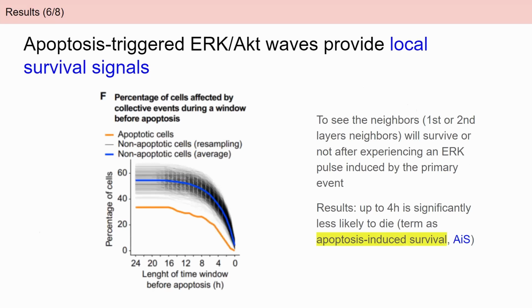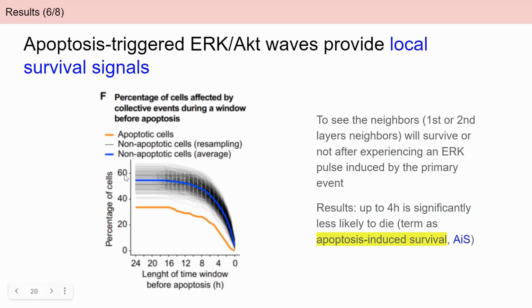Okay, so next they also check whether there is any local survival signal. They look at the first layer neighbor and second layer neighbor surrounding the apoptotic cell, to see, while this ERK AKT wave happens, how long they are able to sustain to survive before they go to apoptosis also.